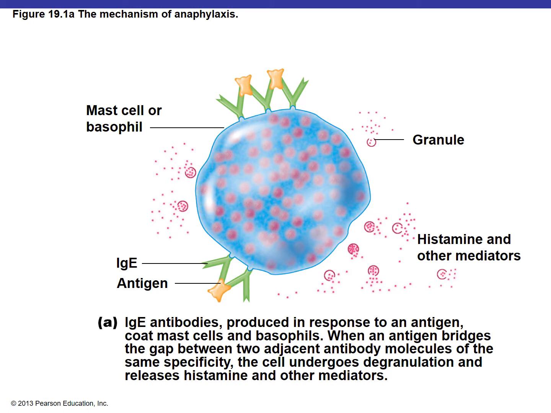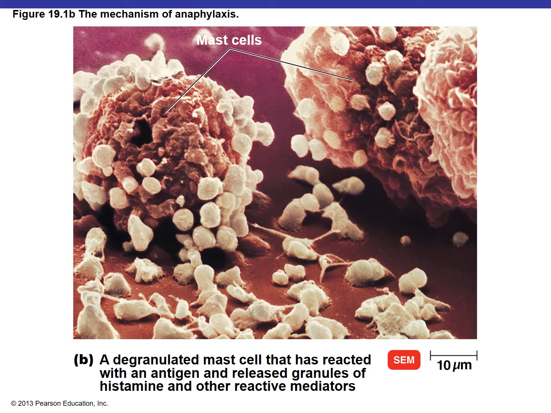Those mediators can be, like we said, the histamine or the leukotrienes or the prostaglandins. And this is actually a scanning electron micrograph of a degranulated mast cell. The mast cell has released its granules of histamine, and this is what they actually look like when you're doing a scanning electron micrograph.